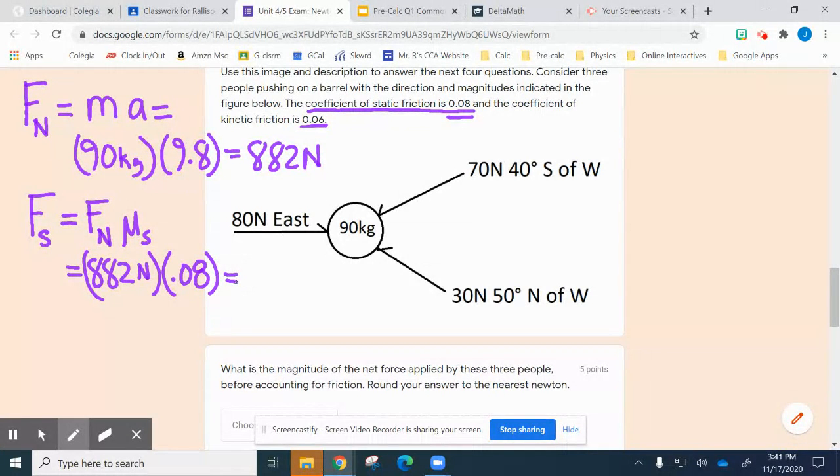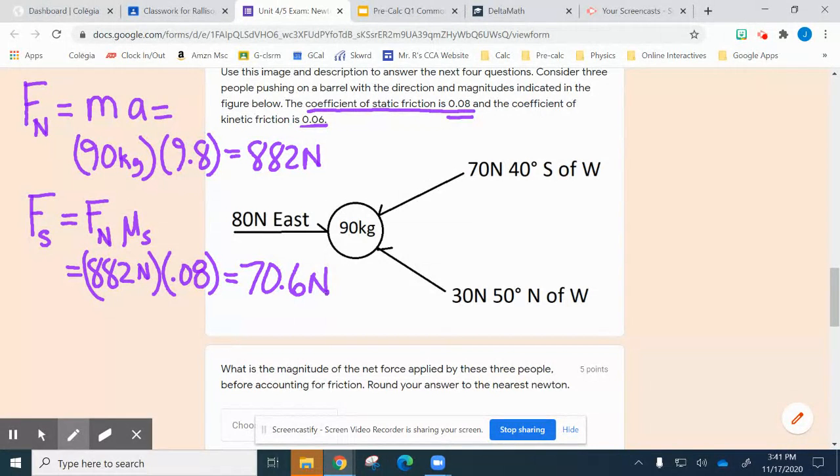That's always the case. It's harder to get something moving than it is to keep it moving. 882 times 0.08 equals 70.6 newtons of static friction. So if the net force on this barrel is greater than 70.6, the barrel's going to move.